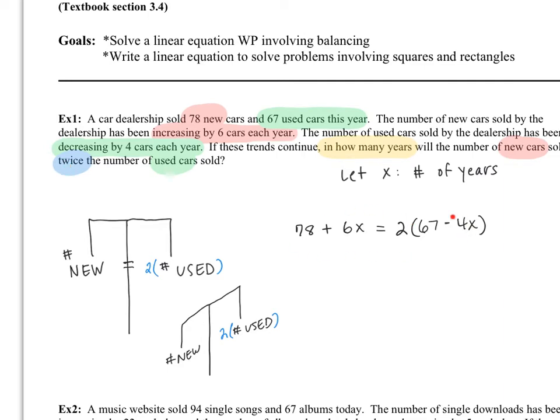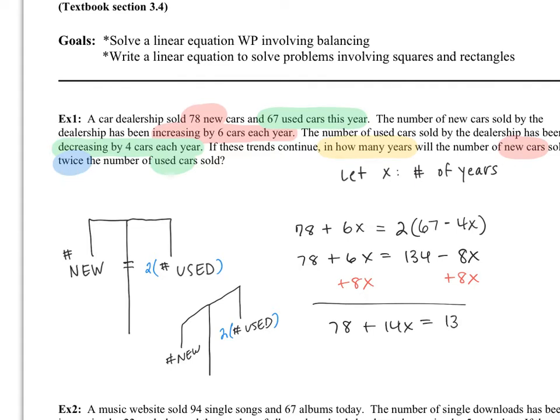So now that I have this equation, I can solve it using my steps that I always use to solve an equation, which is to simplify and solve. My first step would be to distribute the 2, which would get me 134 minus 8x. Now I'm ready to solve, and so I'm going to solve by first balancing my variables, by adding 8x to both sides, which would make my new equation 78 plus 14x equals 134.